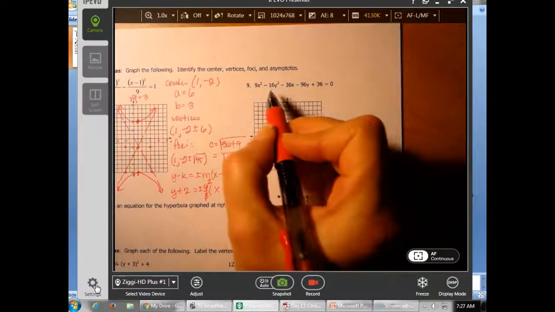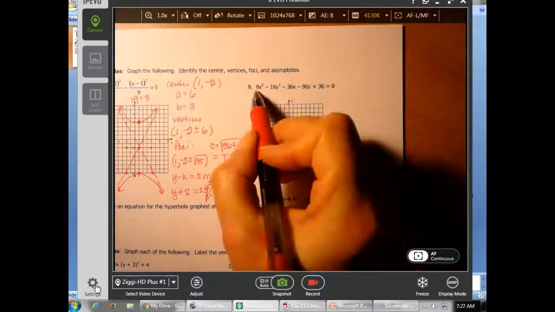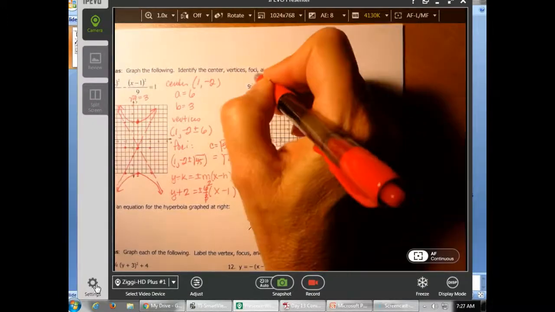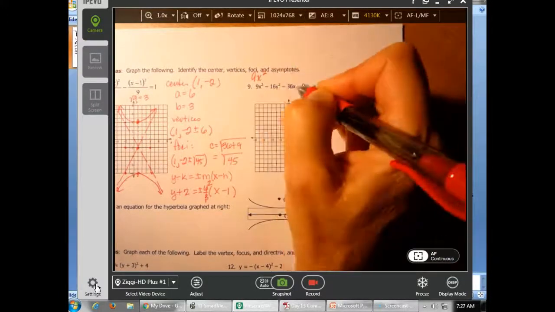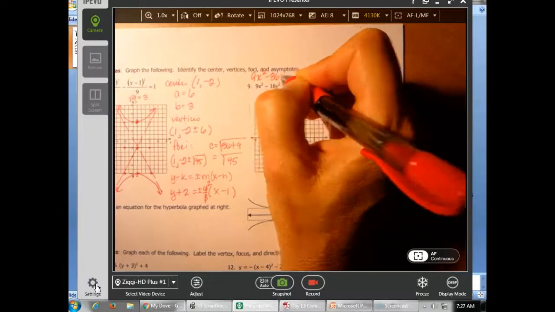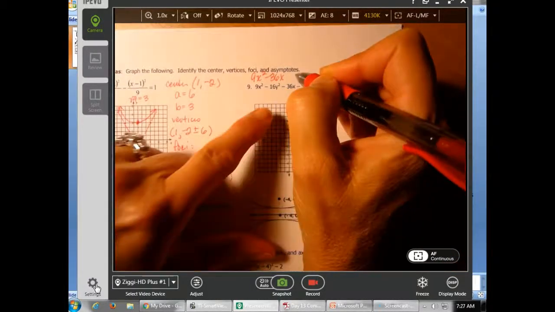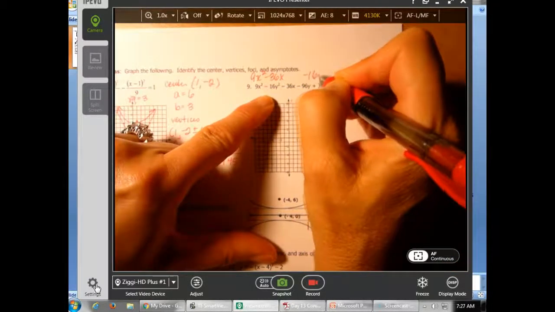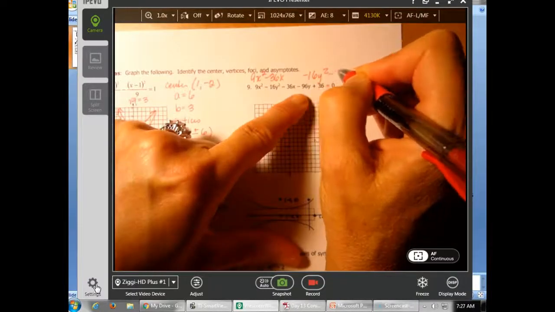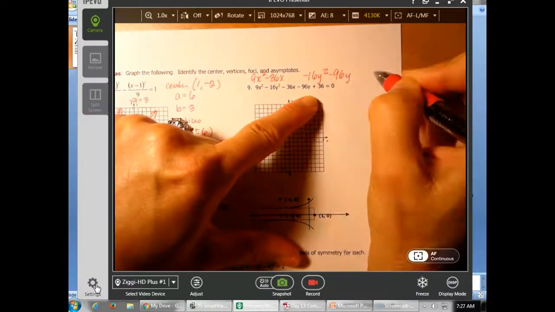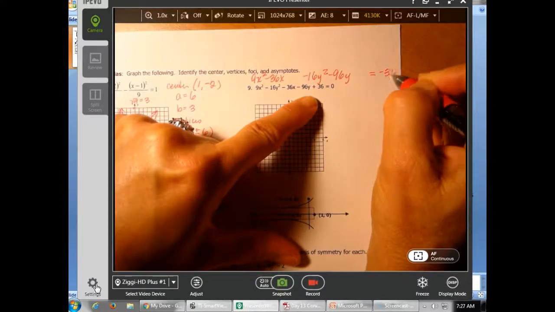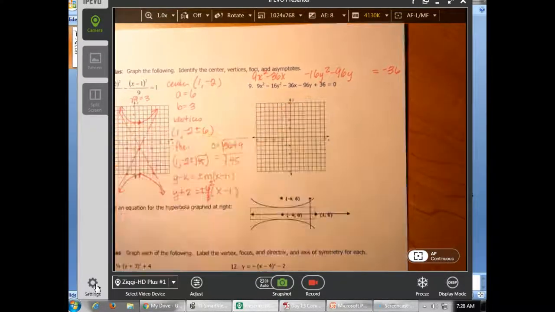So I am going to basically take this 9, I'm going to rewrite it, 9x squared minus 36x, leave a little bit of space, and then I'm going to say negative 16y squared minus 96y equals, and I'm going to subtract 36 from both sides. So I'm ready to get started.